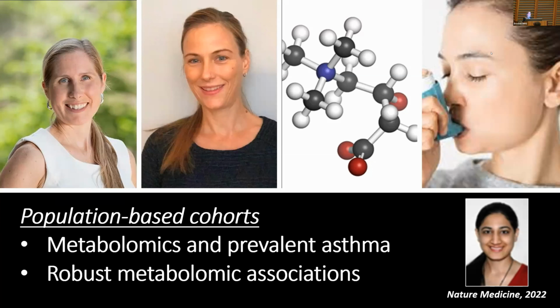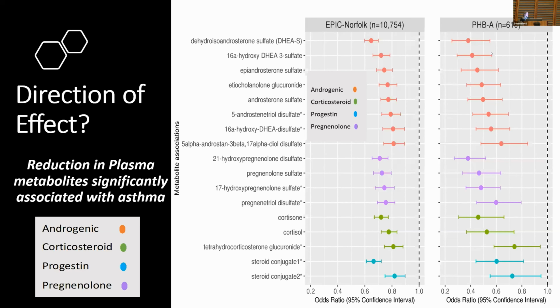This started with another type of cohort, population-based cohorts. The idea was just to look at associations with prevalent asthma in 2 different cohorts, and see what replicated. When we did this, one thing that was very striking was that among this entire group of steroid classes, we saw reduced odds ratios associated with asthma.